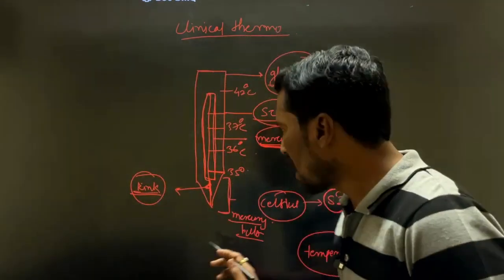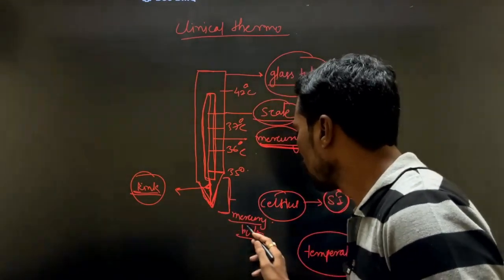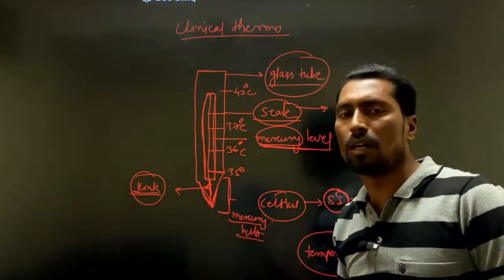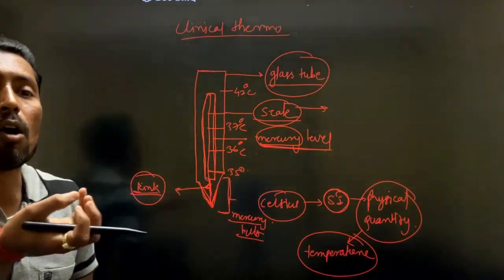The narrow parts are shown in this clinical thermometer. The part below is called the mercury bulb. This mercury bulb is dipped in an object.